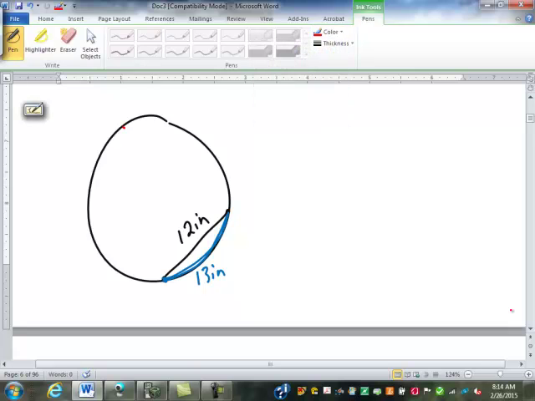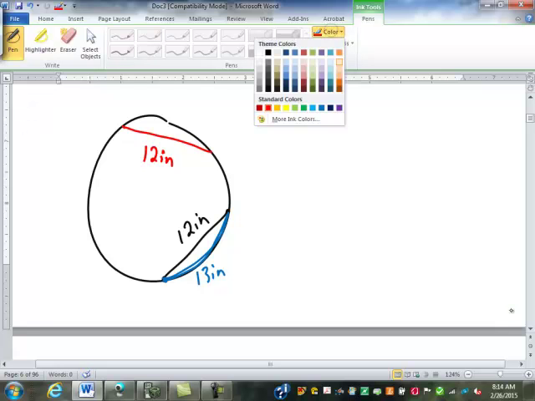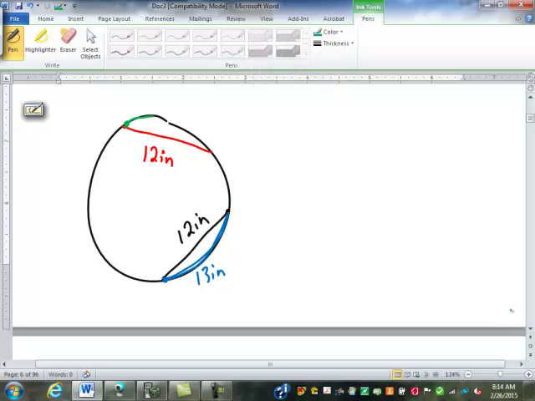If I come over here and I create a chord 12 inches long, can you figure out the length of this arc? 13 inches, very good. It takes a second to realize it, but yeah, those two arcs have to be equal. If they are in the same circle and they have chords that are the same length, the distance around there must be the same. There's no way it can be any different.